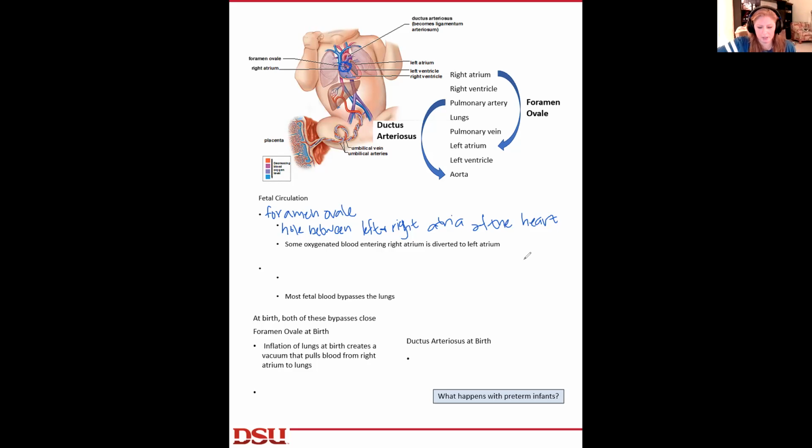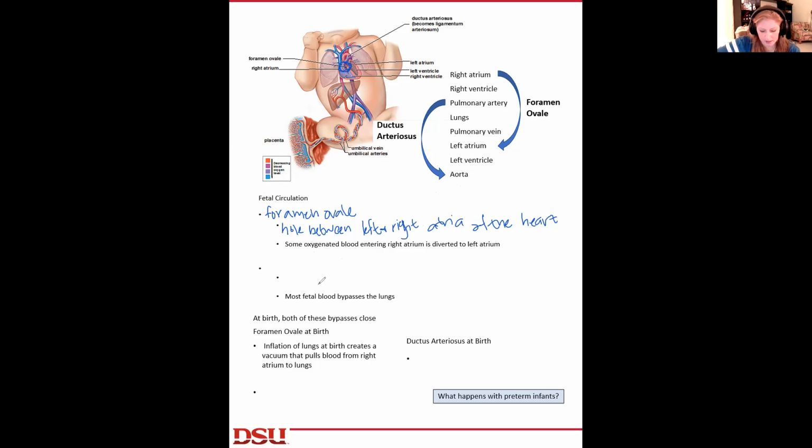So most of that blood is going to bypass the lungs. We still need some there because the blood that does pass to the lungs is required for the development of the lungs and the respiratory tract. But otherwise, it's going to bypass that. In fetal circulation, some of the oxygenated blood that comes in the right atrium is diverted to the left via the foramen ovale.